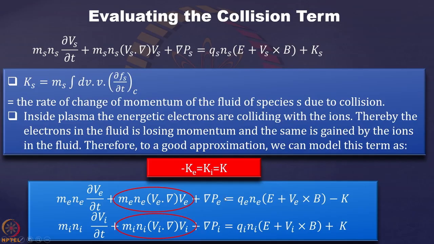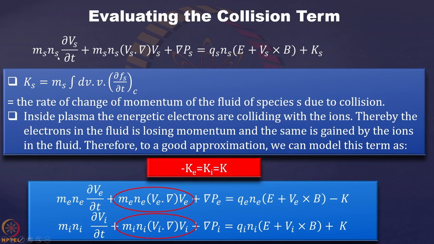So if K is the momentum lost by the electrons, if we represent that by minus Ke, the same is gained by the ion fluid, and we equate that as K. So in this case, when we evaluate it for electrons, we write Ke as minus K, and when we evaluate the same for ions, we write that as Ki, and that is nothing but K. So what are we getting now?